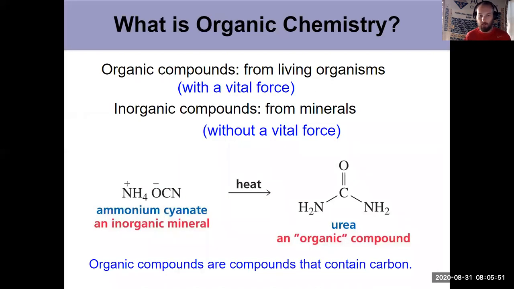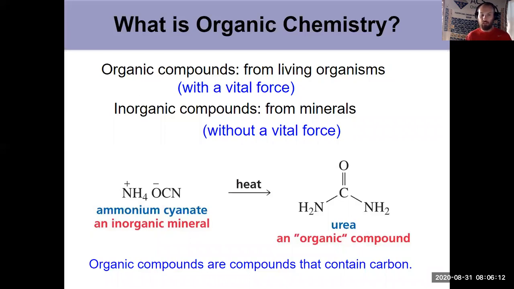What is organic chemistry? And depending on who you ask and how old they are, you might get a different answer, right? And effectively, what it used to be was that organic was the study of compounds that came from a living system, right? And inorganic was everything else.